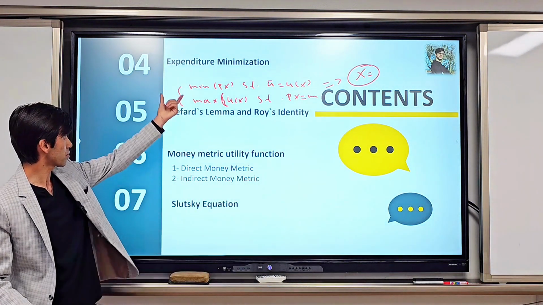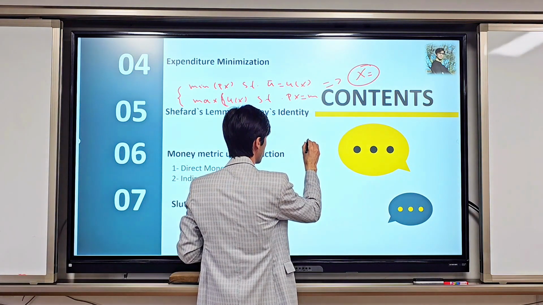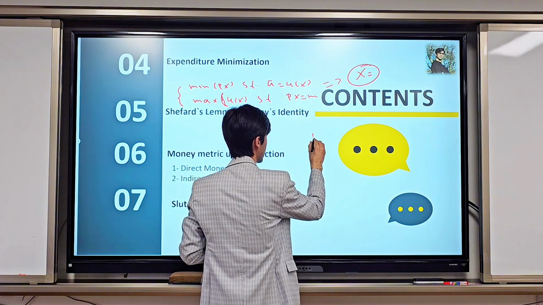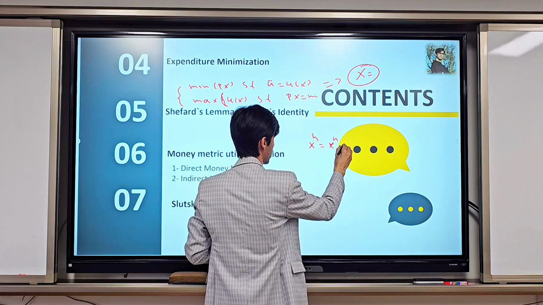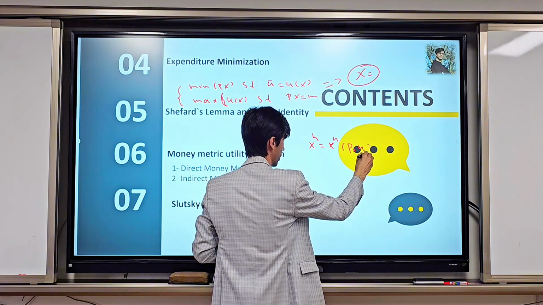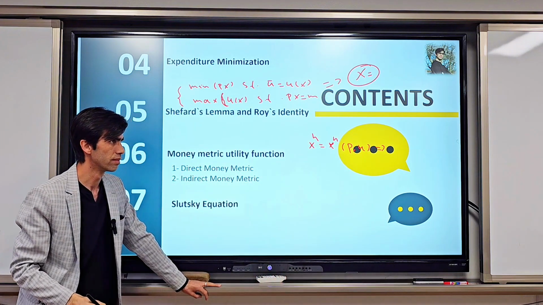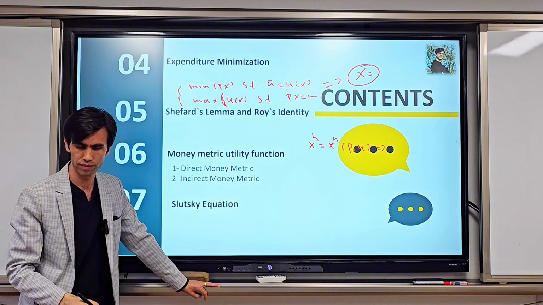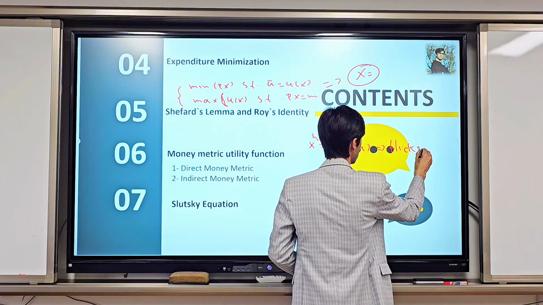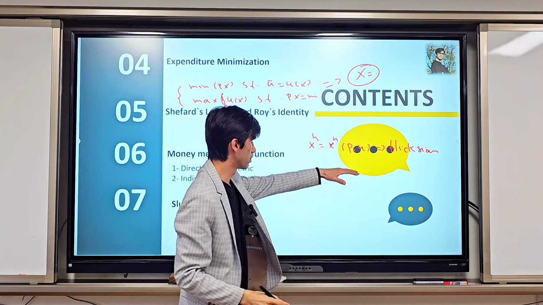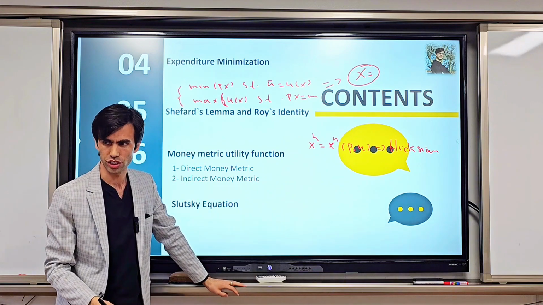And also when we work on expenditure minimization, we will find out the xh, which is a function of price and utility. This one is called the Hicksian demand function. We derive Hicksian demand function by expenditure minimization.